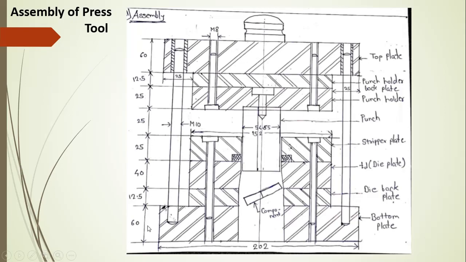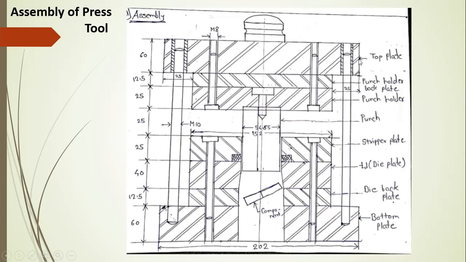According to the calculation, the dimensions change. Here one length is shown, that is 152. That length may change, and the size of the punch and the size of the die will change. But apart from that, the overall assembly and the sequence will be the same as shown in front of you.